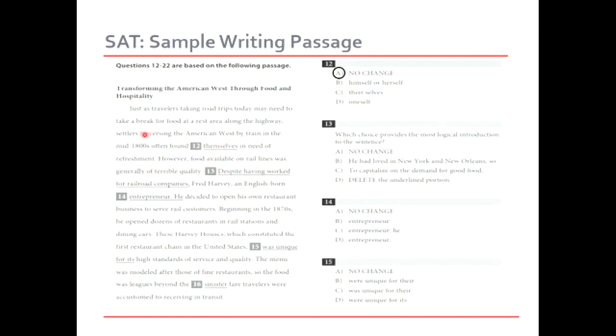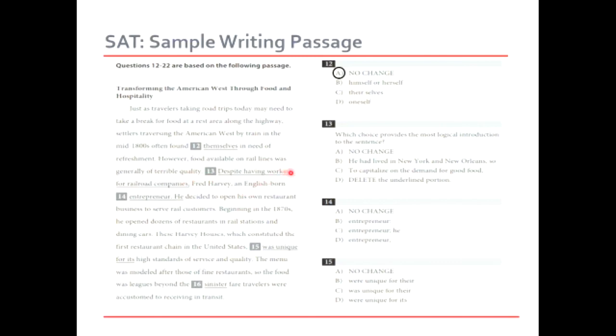I'm going to read from where the last sentence starts. However, food available on rail lines was generally of terrible quality. Despite having worked for railroad companies, Fred Harvey, an English-born entrepreneur, he decided to open his own restaurant business to serve rail customers. If you notice, this was a little abrupt. In this line, they are telling us that food available on rail lines was generally of terrible quality.